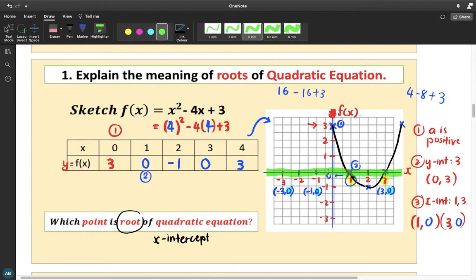This is our paksi x. So, the graph sentuh the paksi x here and right here. So, which point is root of quadratic equation? So, we can say that the point is 1, 0 and then 3, 0. Okay. So, you guys might want to look at that for a while.